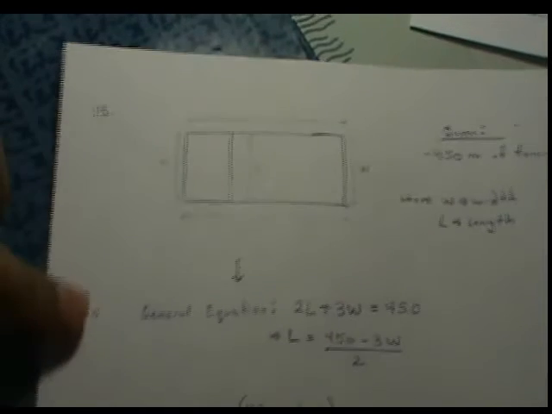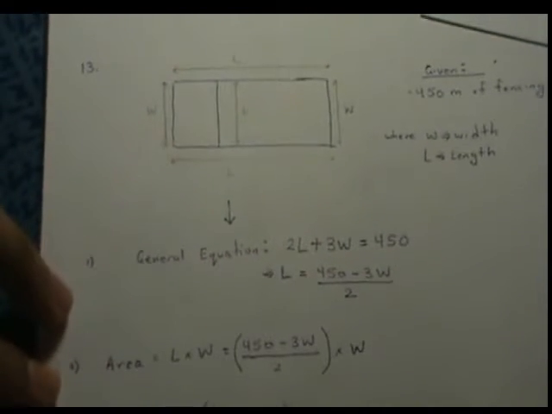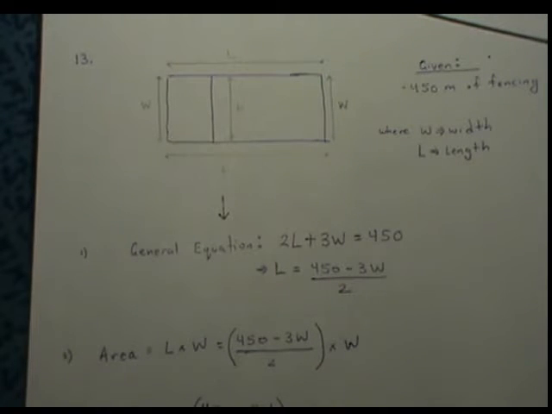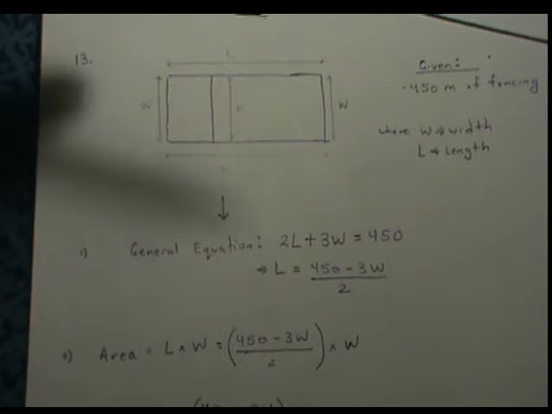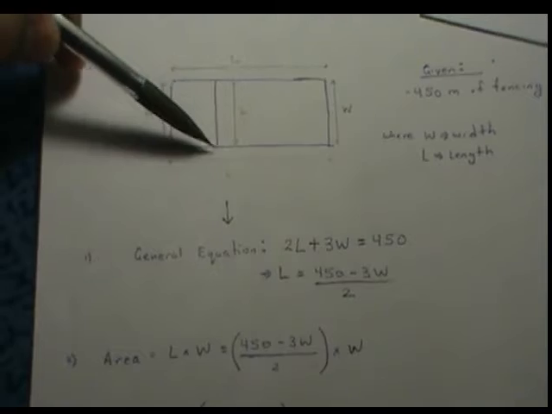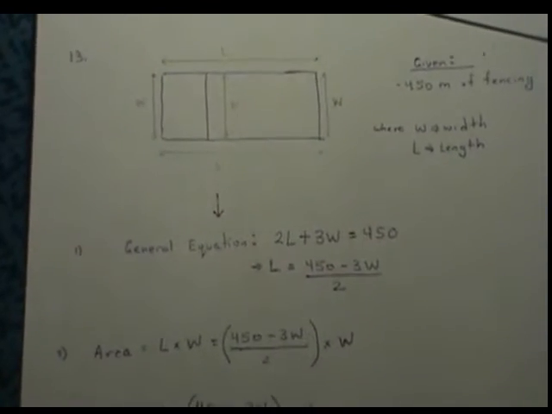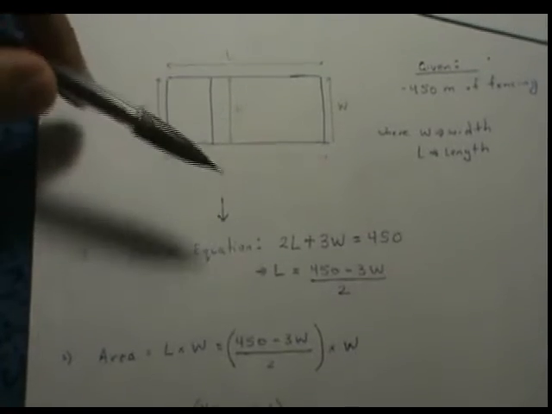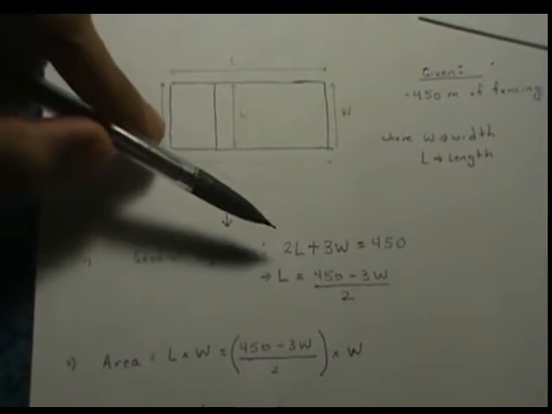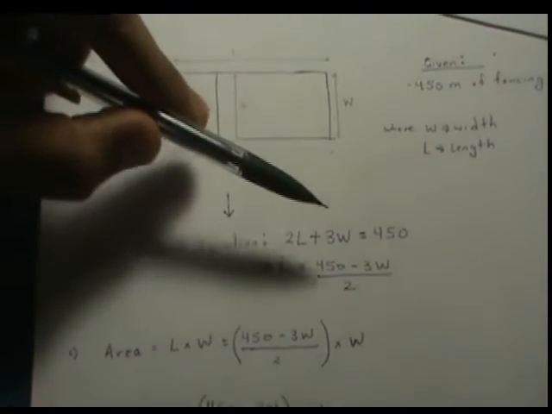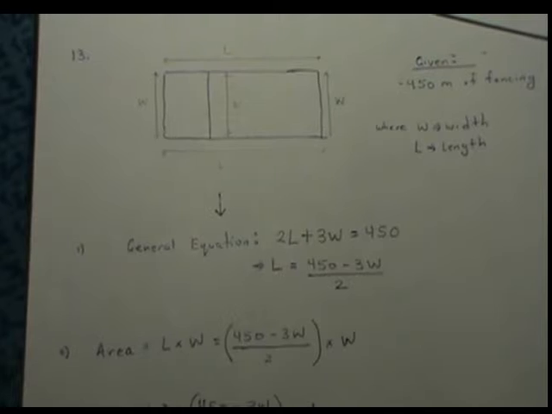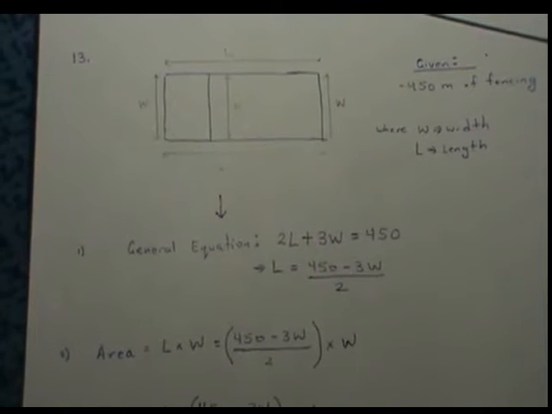And so first, we have to come up with a general equation that deals with the perimeter of the rectangle, and this piece as well. So, as I mentioned just now, we have 2 lengths and 3 widths. So the sum of the 2 lengths plus 3 widths has to be equal to 450, because 450 is the given amount of fencing.